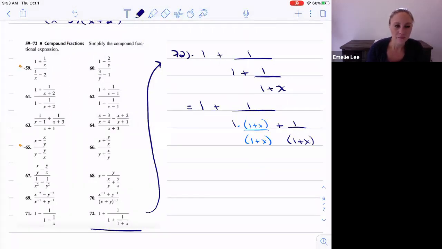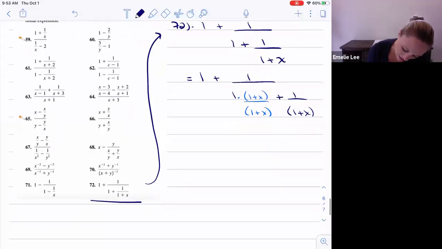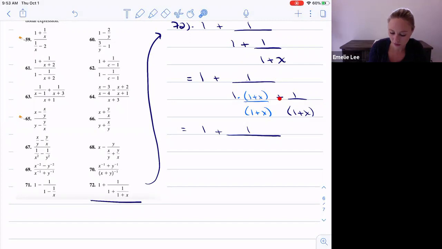Okay. Putting me at 1 plus 1 over 1 times 1 plus x is just 1 plus x, plus 1 over the common denominator of 1 plus x. I'm not going to write all those steps out anymore because I don't really need to. We've done enough of these.